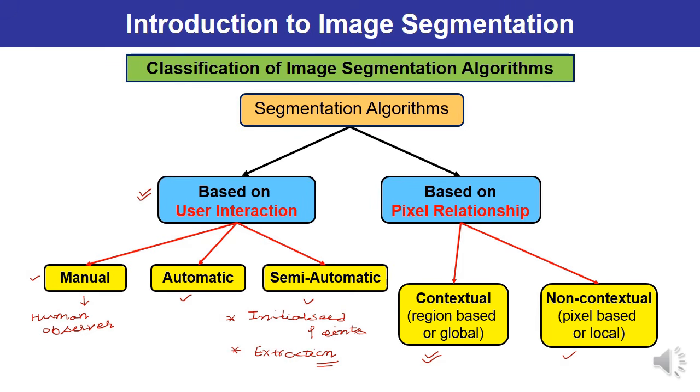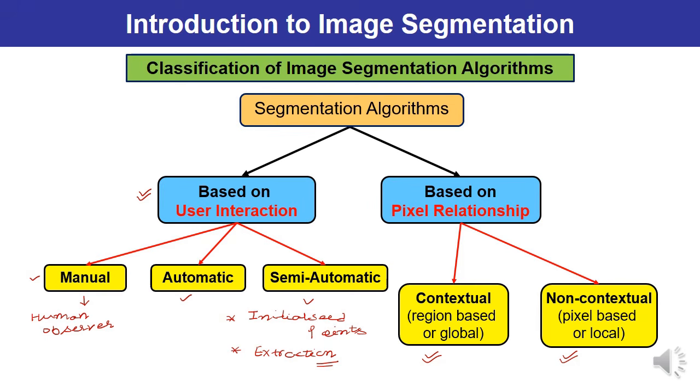Second type of segmentation algorithm based on pixel relationship is non-contextual. Non-contextual is also known as pixel based or local. Here, the idea is to identify the discontinuities which are present in the images, and that will help us to segment the image.